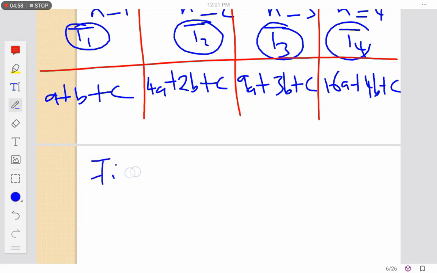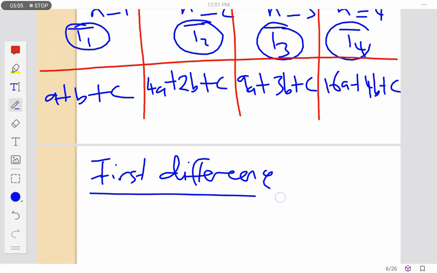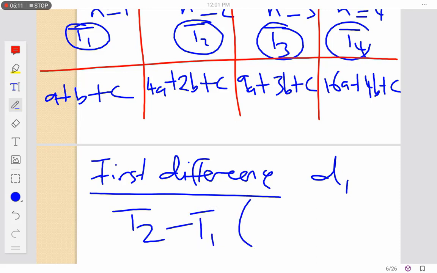So for the first difference, which I'll call D1, I'll find T2 minus T1. I'll also find T3 minus T2, and I'll also do T4 minus T3. Let's do that to find our first difference.